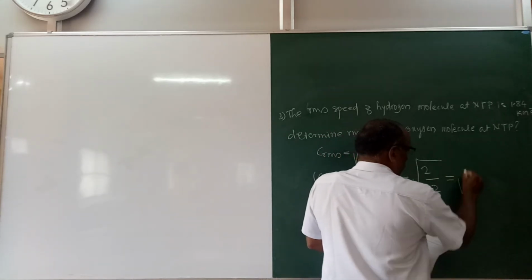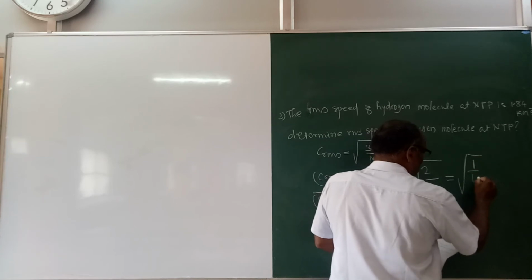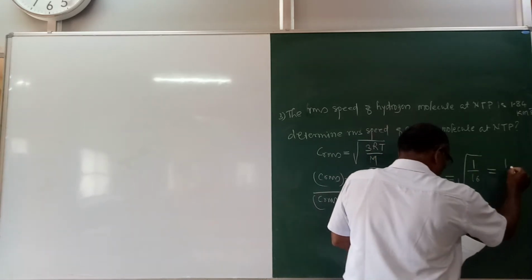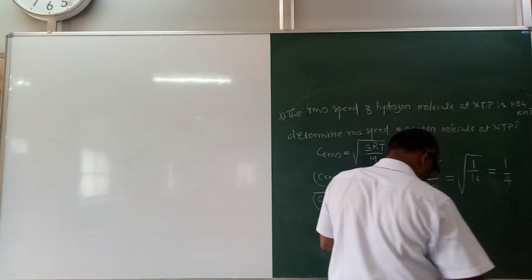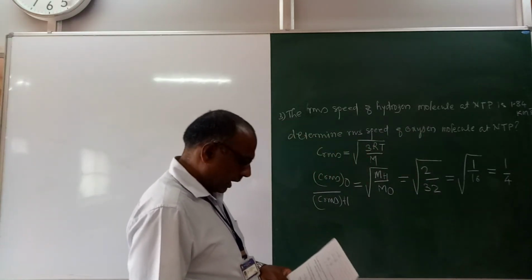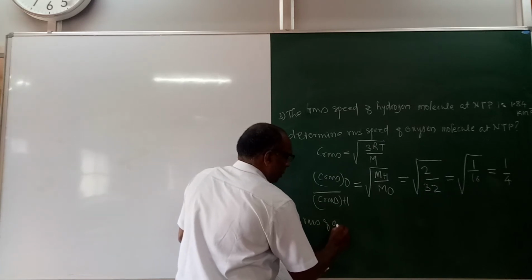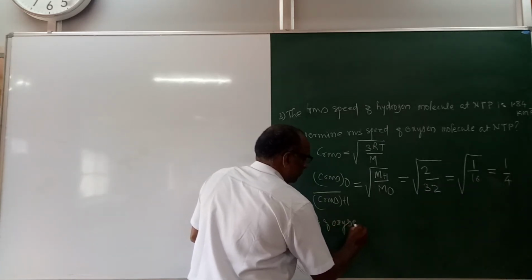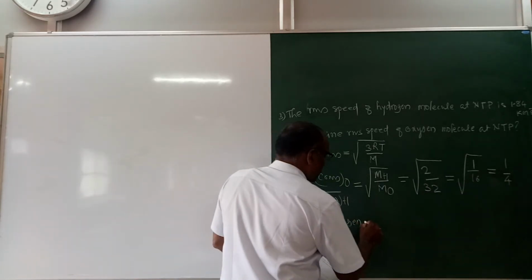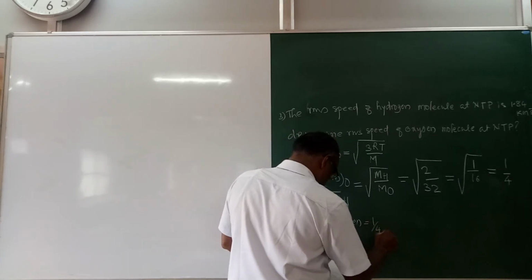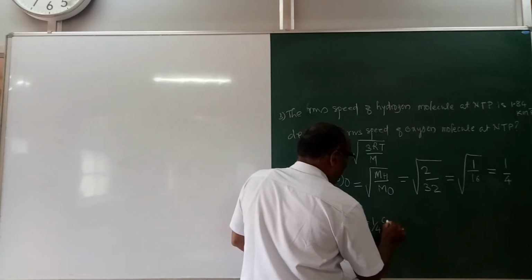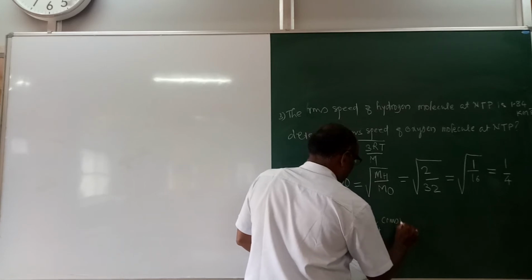This will be 1 divided by 16, that is 1 by 4. So CRMS of oxygen is equal to 1 by 4 CRMS of hydrogen.